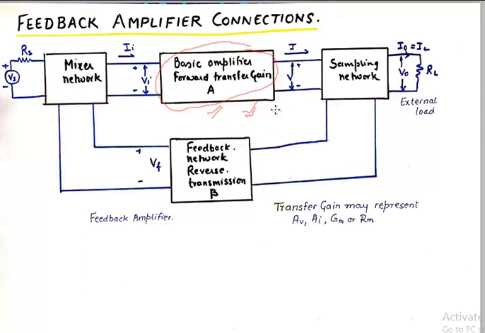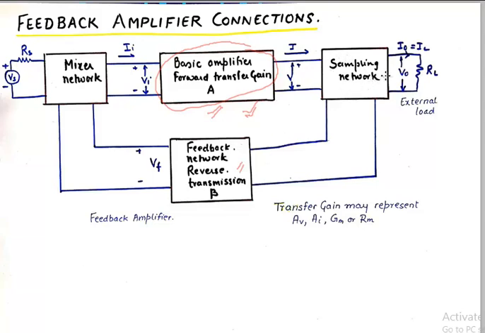And then we have a sampling network. Please understand, this is a key term. Sampling network refers to the network which is going to take the output and will give it back to the feedback network with reverse transmission of beta. So sampling happens at the output.